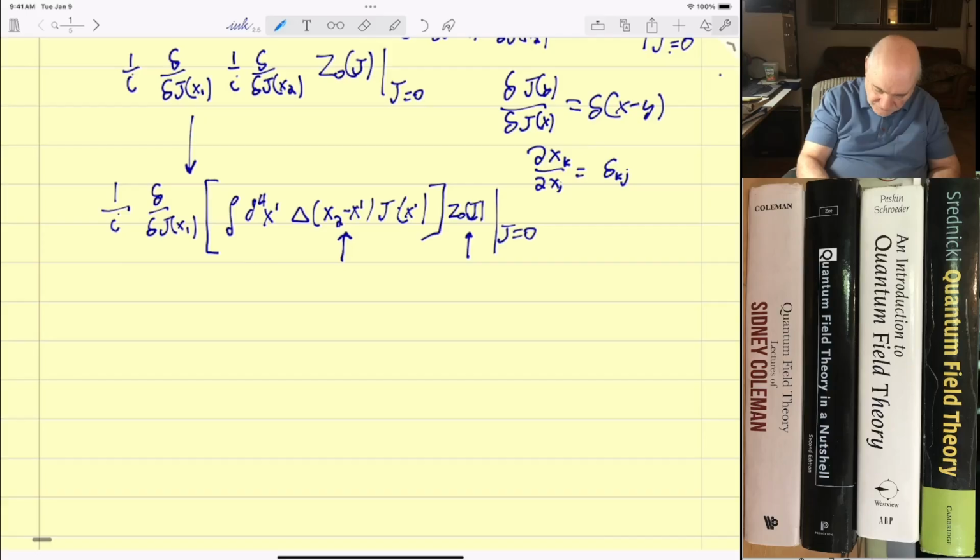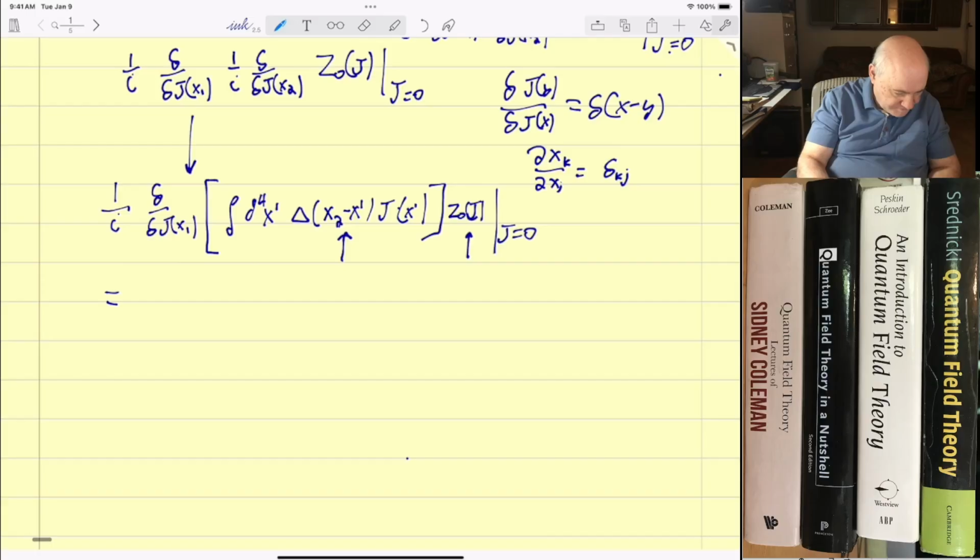So this is equal to, now we get the next term. Now we can take the derivative of this thing in brackets, that's one possibility, or we can do the Z0[J] again. So let's first take the derivative in the brackets.